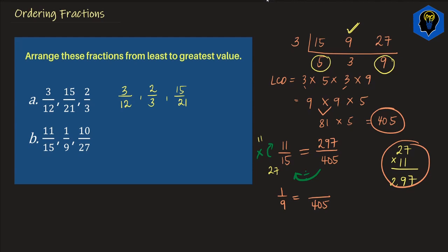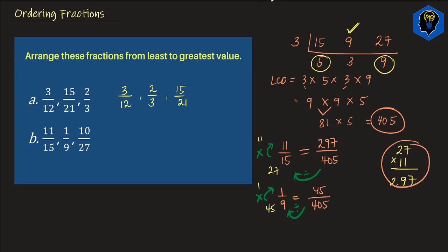That's 45. Okay? Therefore, 405 divided by 9 is equal to 45. Tapos, yun ang imumultiply nyo by 1. So, 45 times 1, of course, is equivalent to 45.